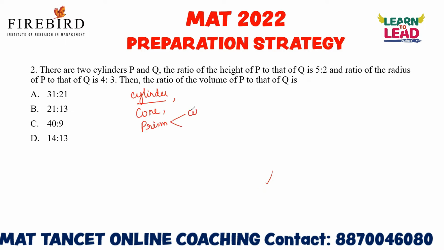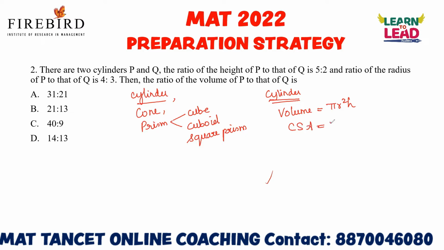In case of prism, cube, cuboid, square prism, you should know some basic concepts. If you take a cylinder, the volume of a cylinder is pi r square h, and the curved surface area of the cylinder is 2 pi r h. You should know the formula.